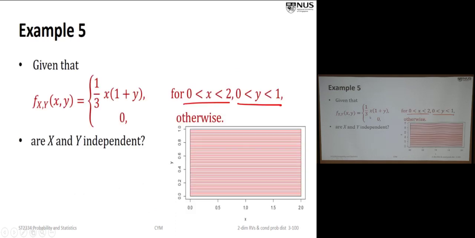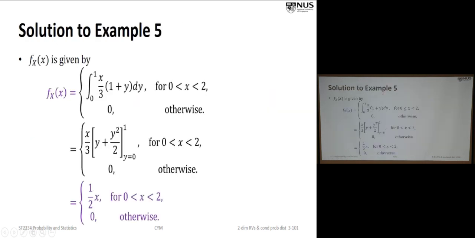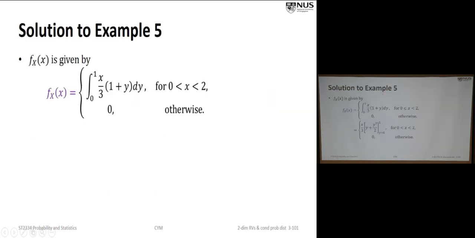Look at this one. Can I factorize it into two factors? One is this, the other is this, so it's the product of these two. Let me go back to what f of x is. Half x.